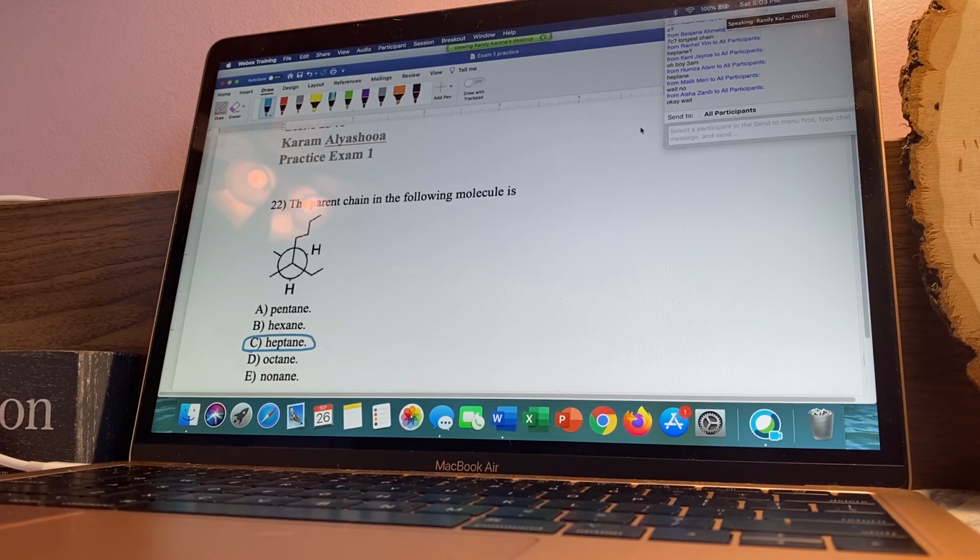Think, okay, this is one carbon, this is another, 3, 4, 5, 6. Remember how the back carbon is the big carbon? And then 7. Or you can even say, without looking at the back carbon, this is 6 and this is 7. They're both 7. Parent chain just means longest chain.